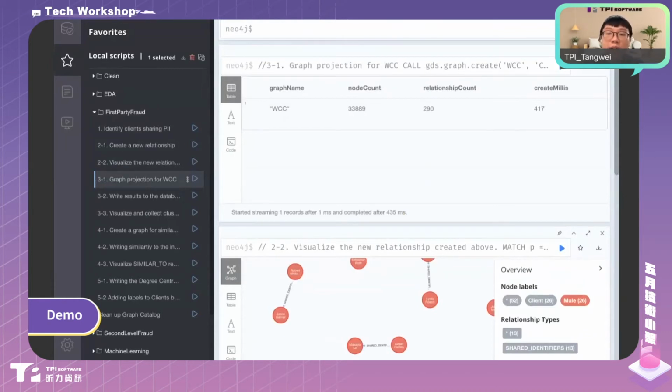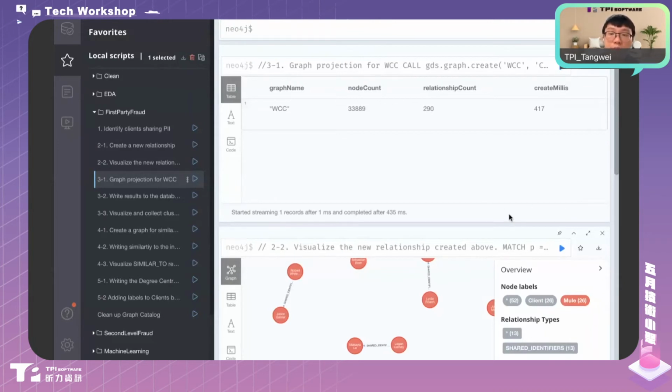So identifying a cluster of clients sharing PII is done by running one of the community detection algorithms in our GDS library. So we will use the weakly connected components to find groups of connected nodes, where all nodes in the same set are from connected components. So WCC is often used early in an analysis to understand the structure of the graph.